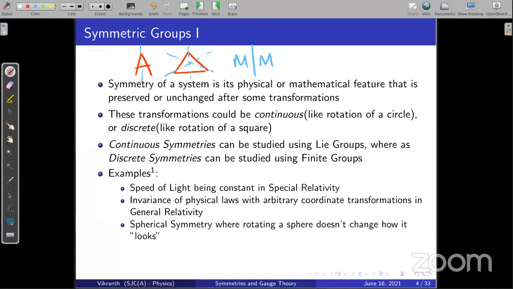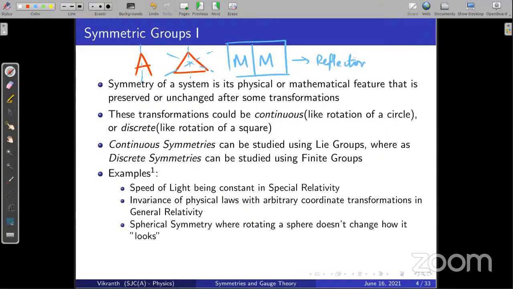So when you translate that entire thing into a mathematical notation, you have symmetry to be some set of features or some rules that make sure that whatever system you're considering is the same after performing some transformation. So in my mirror example here, this is called a reflection. Quite obvious, right?